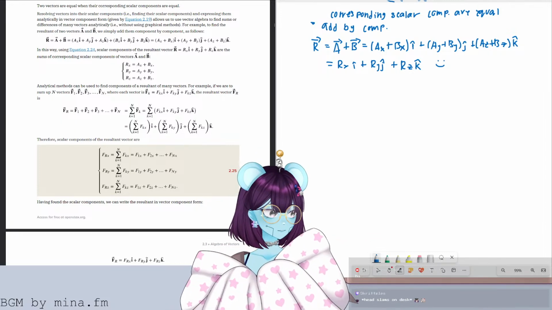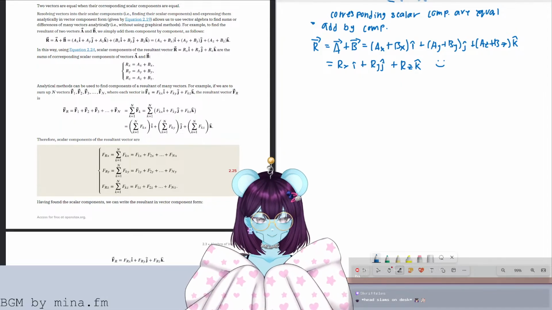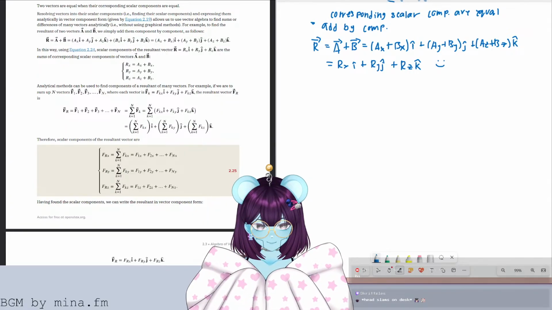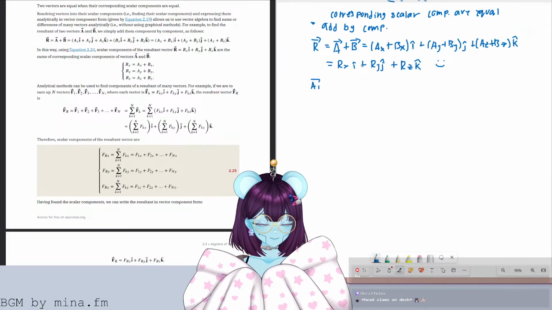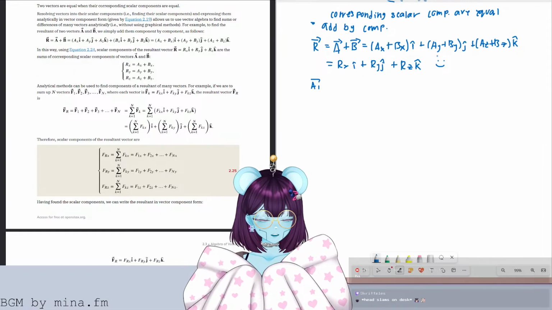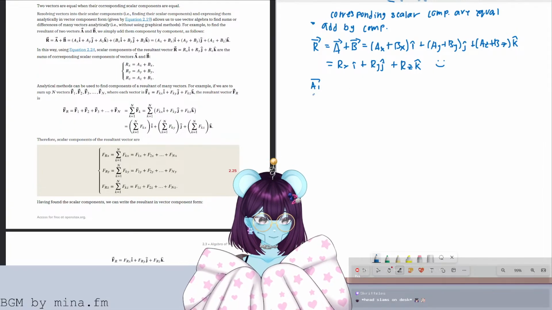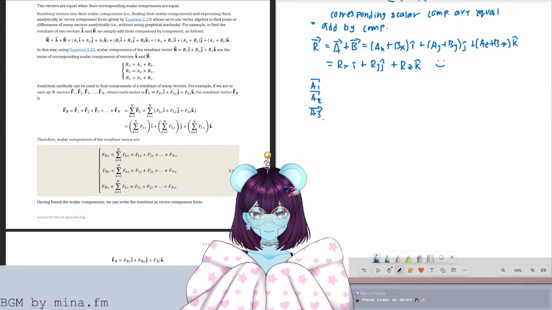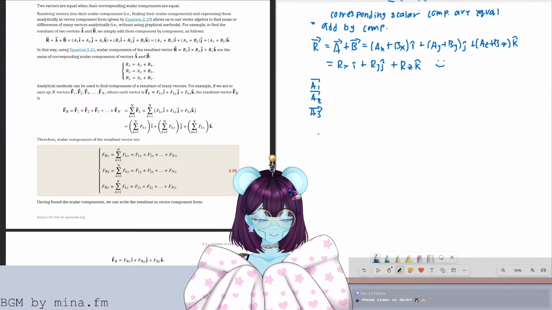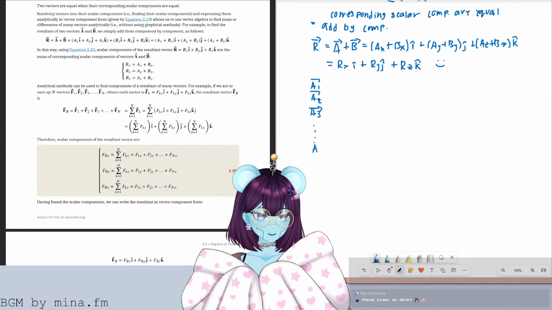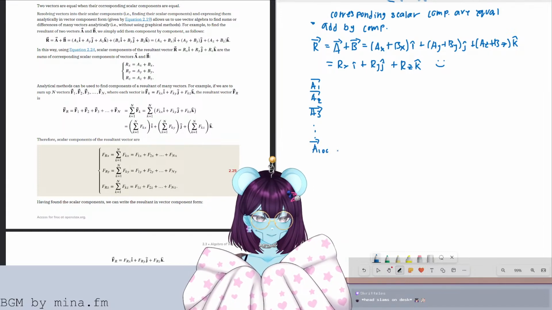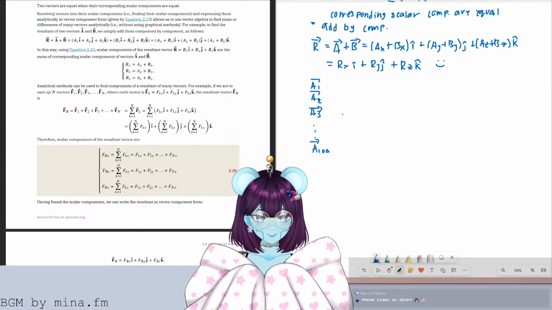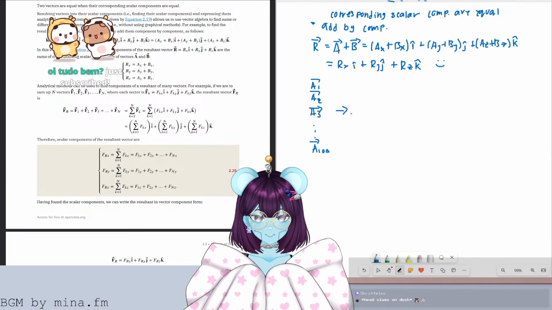So basically, if you keep doing this many times, don't be scared by the summations. Basically what it's saying is if you have a bunch of vectors, let's say vector a1, a2, a3, and you want the resultant of however many there are, let's say 100 of them, you would just keep adding all of your 100 vectors together, and then you will get that resultant.